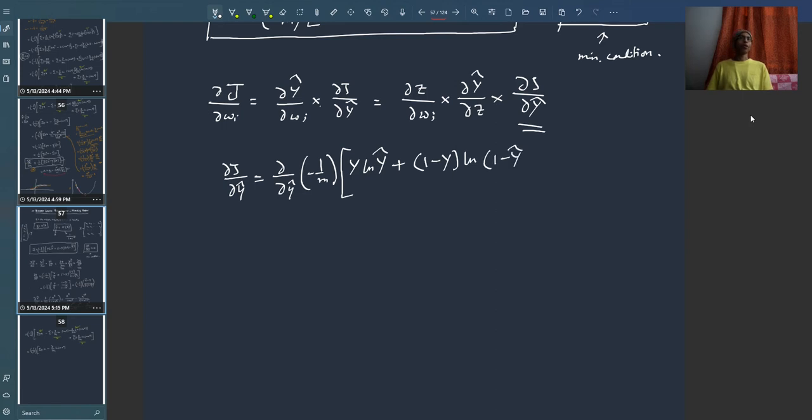Log means natural log in both cases. Now we take the constant out. Minus 1 by m del y hat of y natural log of y hat plus 1 minus y natural log of 1 minus y hat.